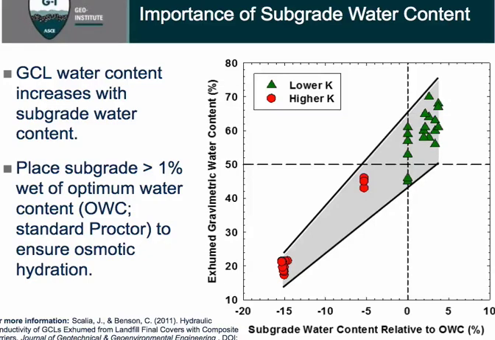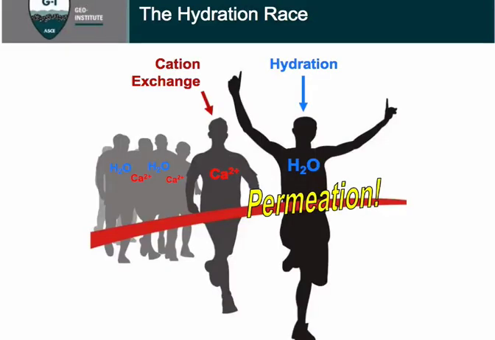So this was nice. We had some field data. We had some hypotheses. We wanted to explore a little bit further this behavior. And so we went back to the lab to look at if our hydration race hypothesis was correct. And the hydration race hypothesis is just what I've said.